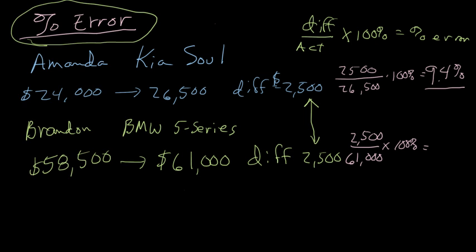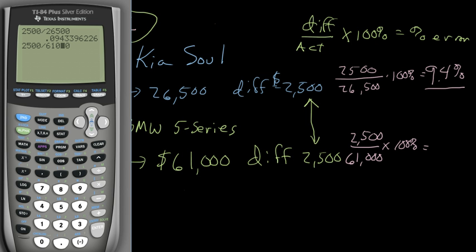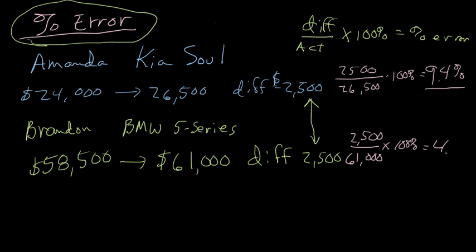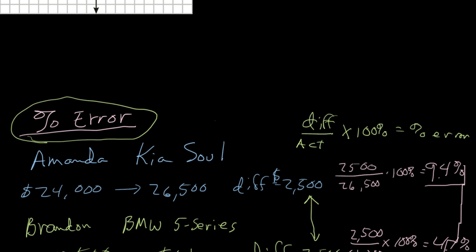So let's see what that looks like. Enter. It is 0.0409. So rounding that off to a tenth of a percent, it looks like 4.1%. So this is only 4.1%. Do you see the difference here?